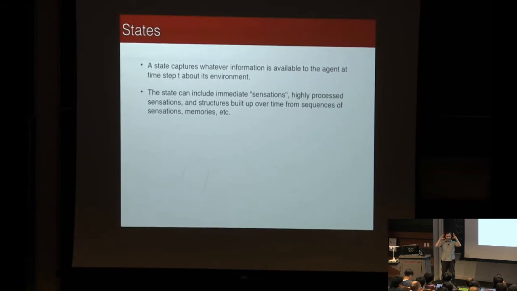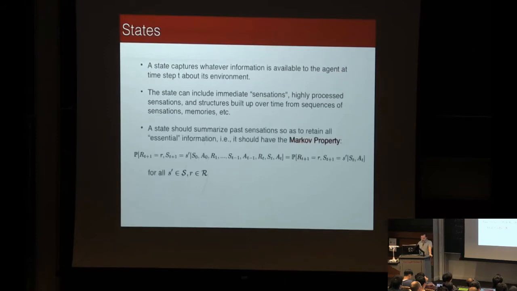Whatever you're visually seeing now would be your state. If you have range sensors, Kinect or depth, that could all be part of your state. And it could be highly processed sensations or structures built over time from a sequence of sensations, or memories and so forth. Sometimes people keep a cumulative average of everything they've seen so far, right? So that could be the state.